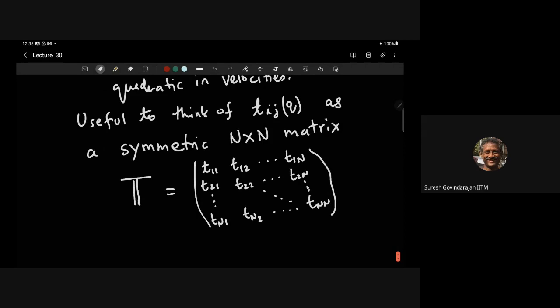I didn't write it as a symmetric matrix, so let me do that. Okay, so I've done that.